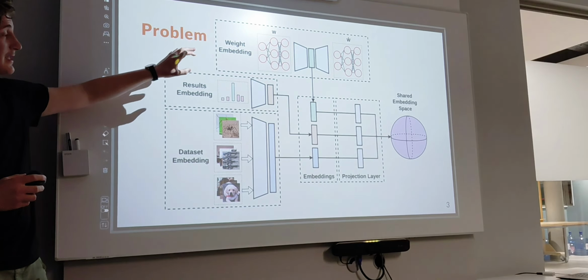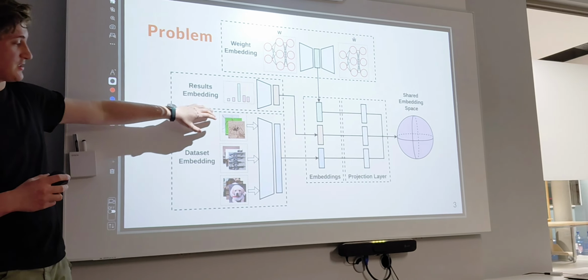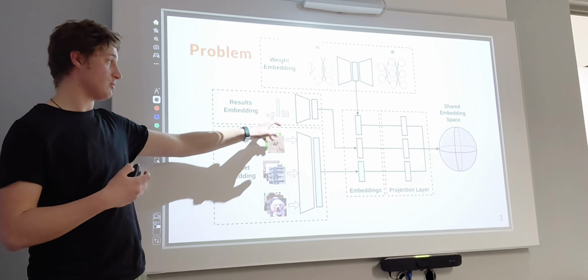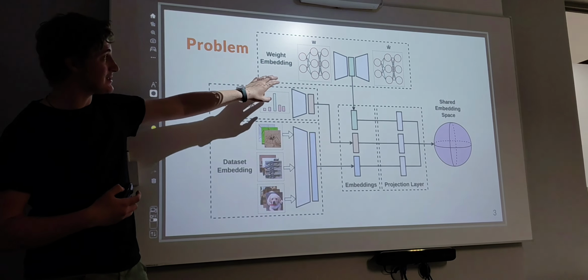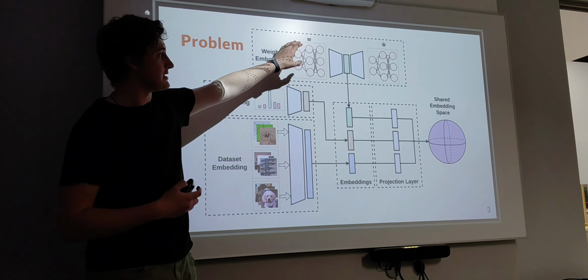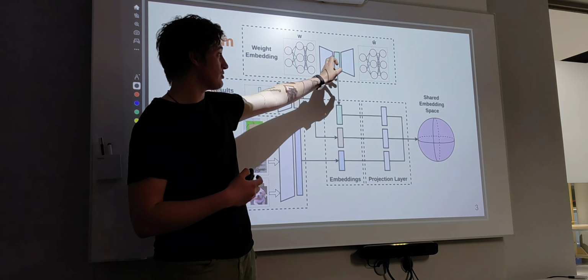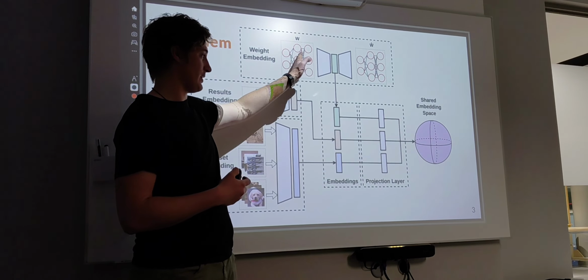We then take a ResNet 18 neural network and train it to classify these three classes. That will have a corresponding result, which we then also embed. And then the weights themselves of the neural network are embedded using a variational autoencoder, which also encodes and decodes to reconstruct the weights as close to the original weights as possible.